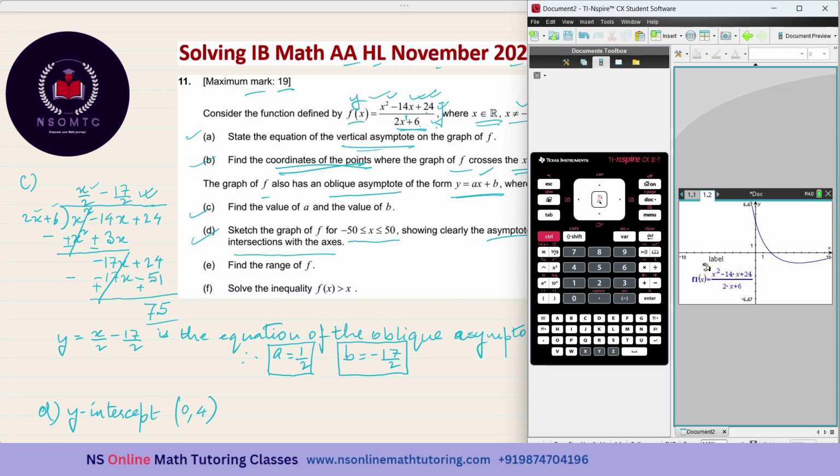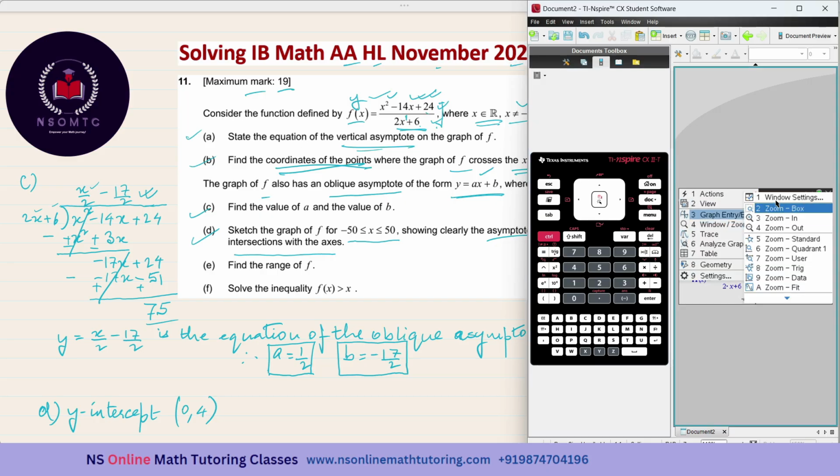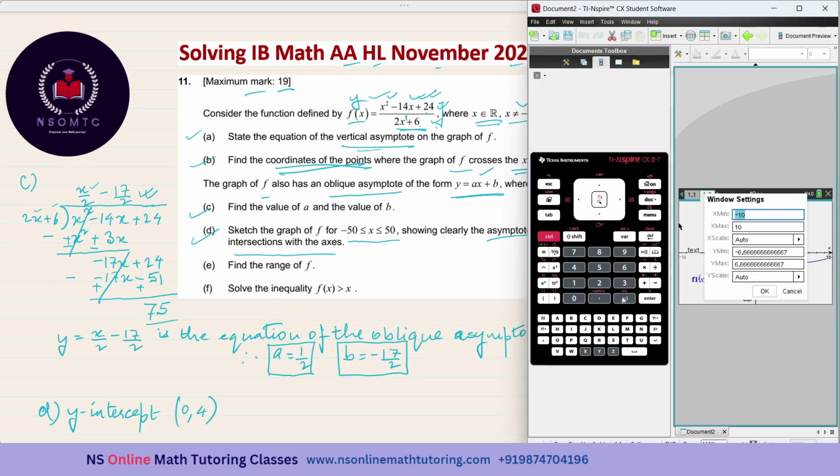And we need from negative 50 to positive 50. So settings, negative 50 to positive 50. Let's see what we get. We are getting only a single branch, but we should be having another branch also.